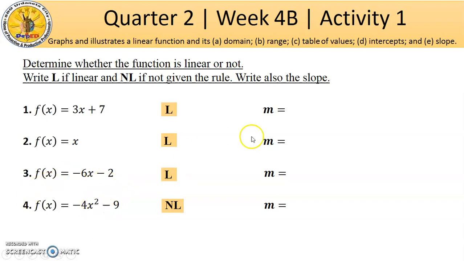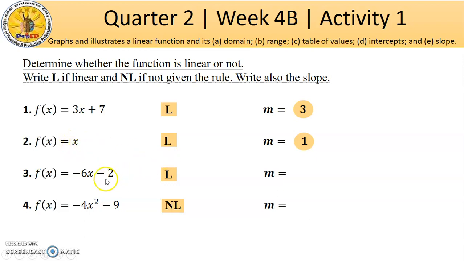Now, we will identify the slope. For number 1, the slope here is 3. Whatever number is beside x, that is the slope. And for the second, we have 1. Of course, if we see a variable, there is an automatic numerical coefficient which is 1.